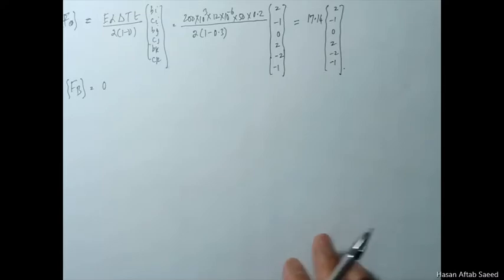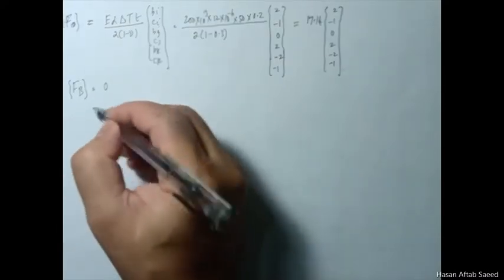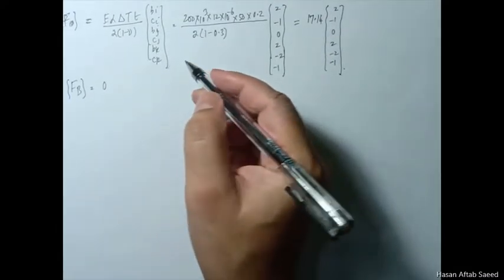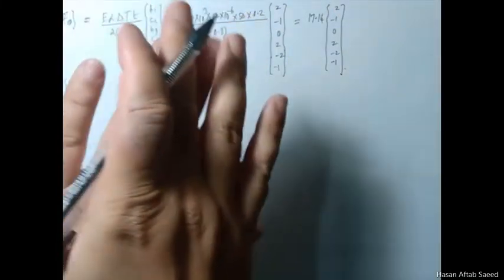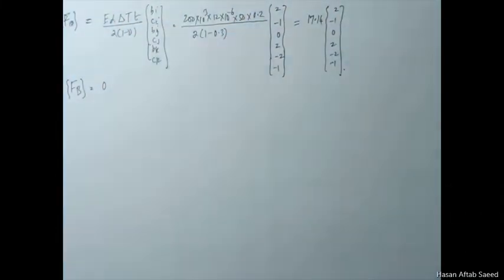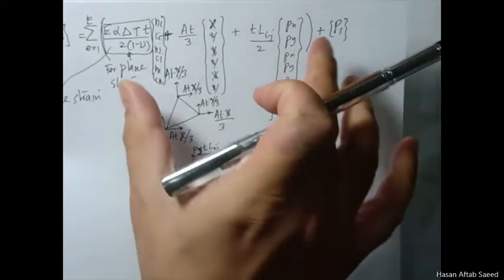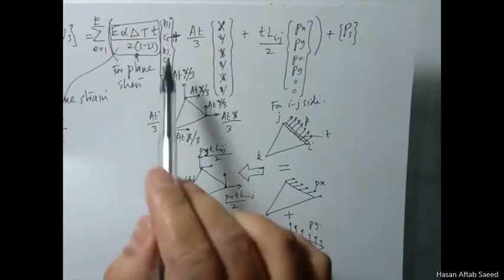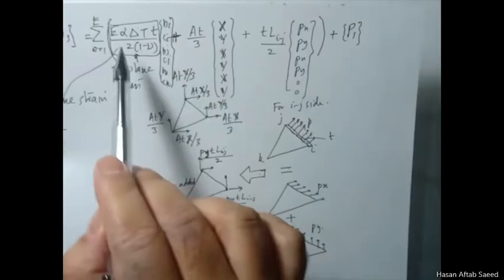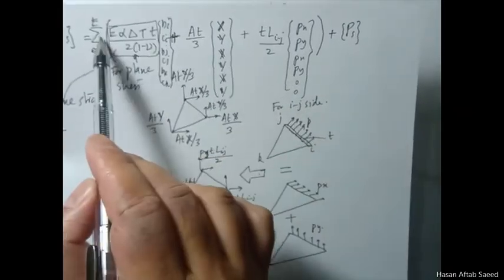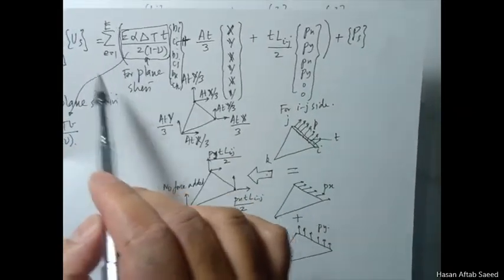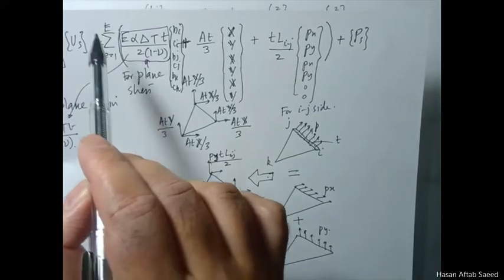So now if we add the right hand side together, because all of them get added together, these three, this is 0, but these two get added together, and then you get a force vector for one element, and then you have to assemble it over the whole body for element number 1 to element number e.